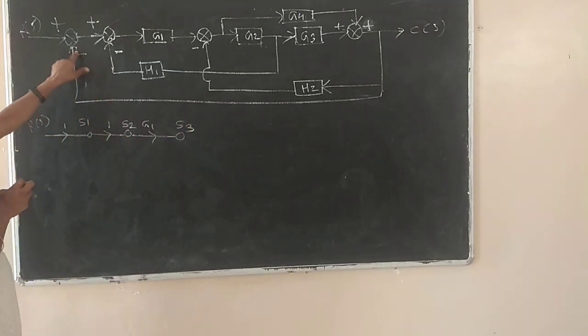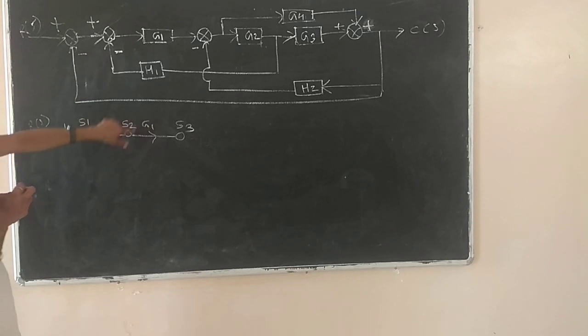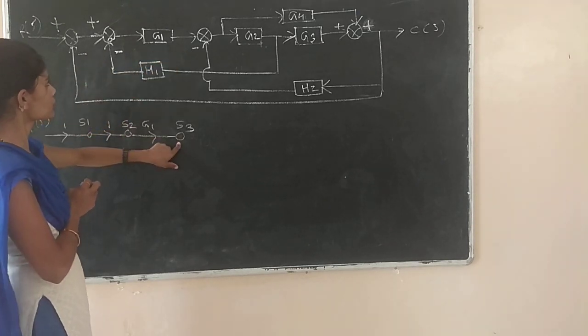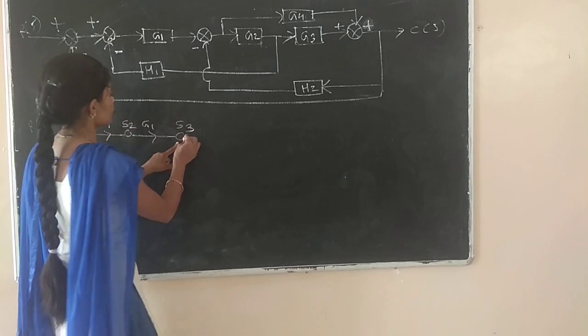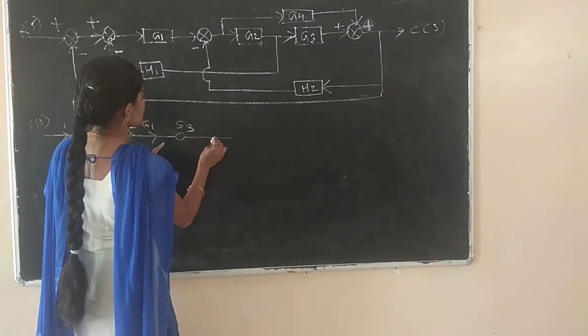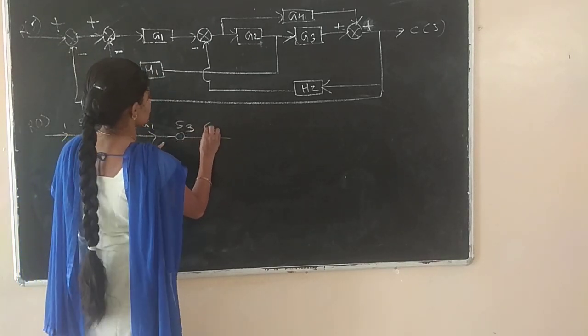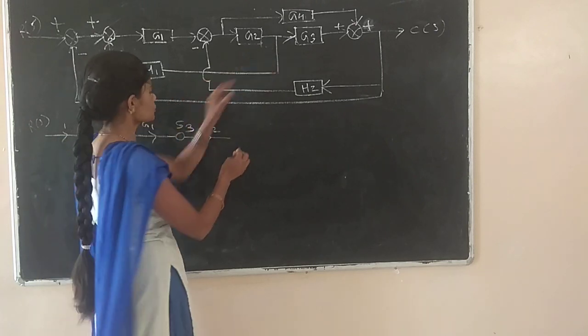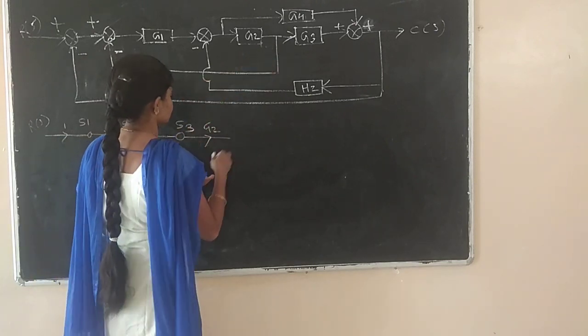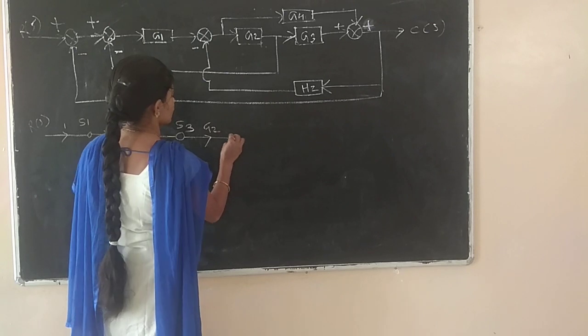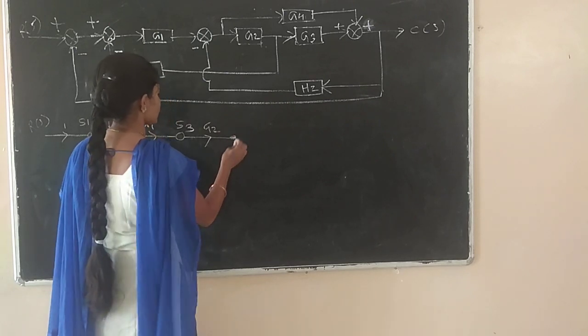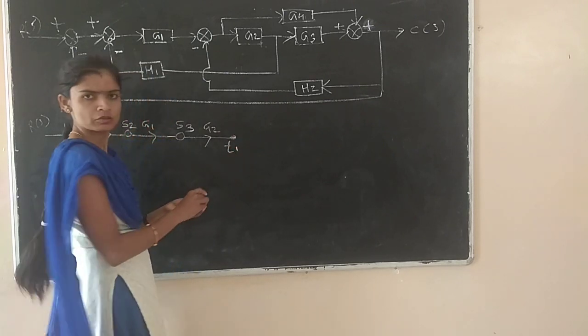Then there is G2, and after G2 there is a take off point, noted as T1.